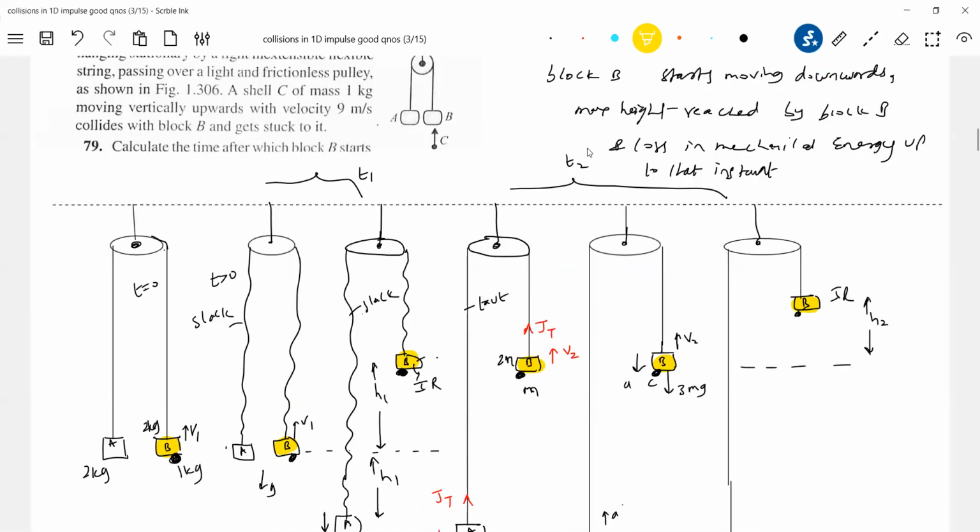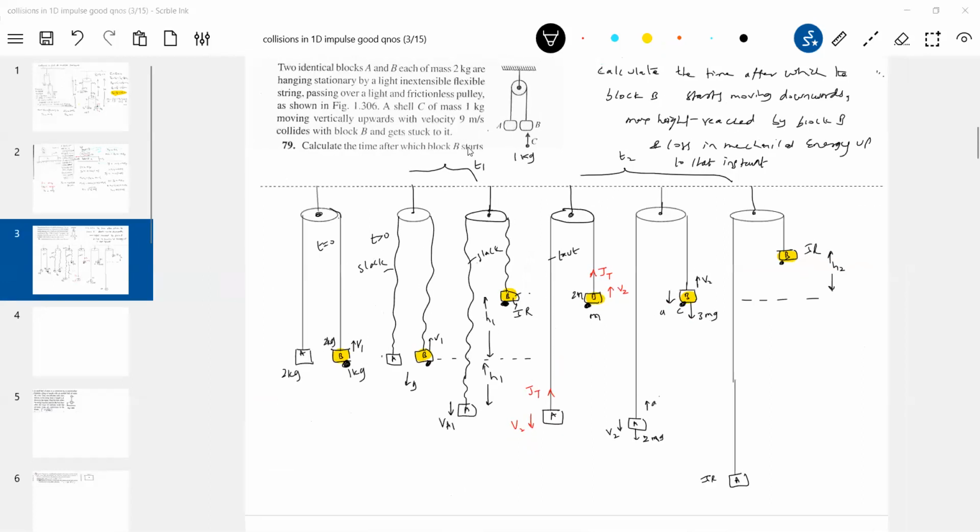The shell C is having a mass M, 1 kg. Let's write the impulse momentum equation. First looking at this, 1 into mass of the shell MC.